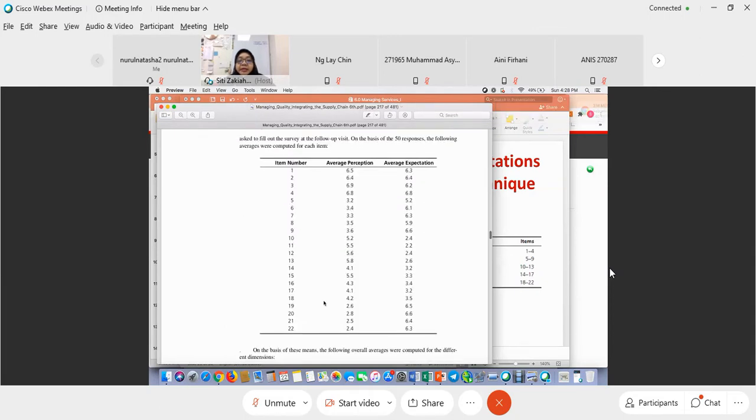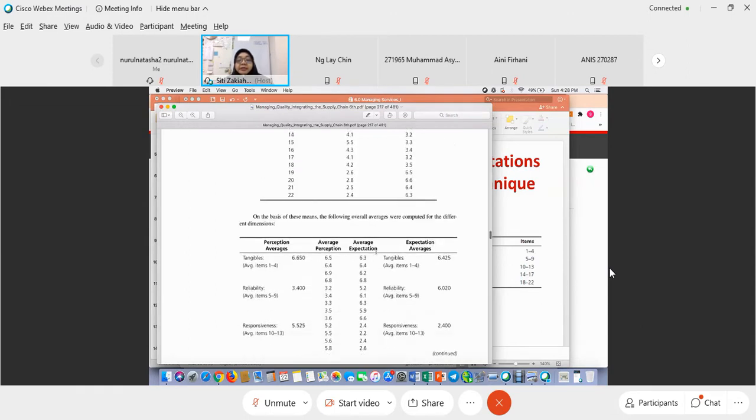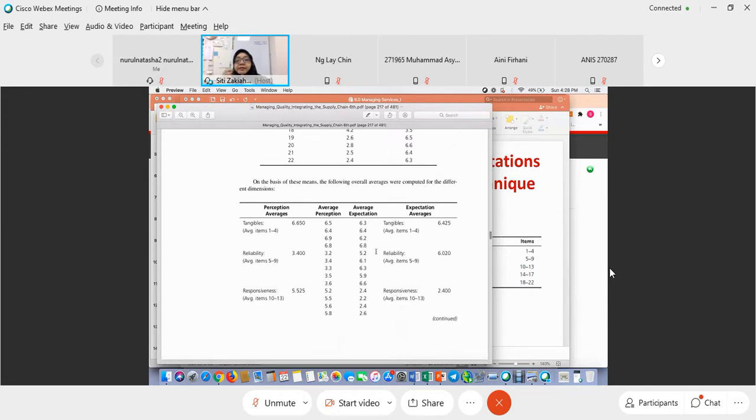These are the responses, perceptions and expectations, at least one row of perception and one row of expectation. You know that the first four items measure tangibles, for both expectation and perception. So you average the first four responses to get this.